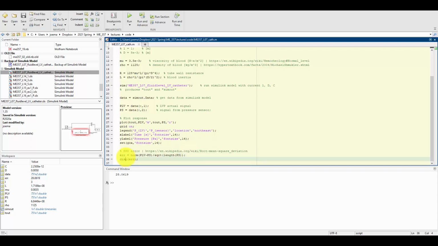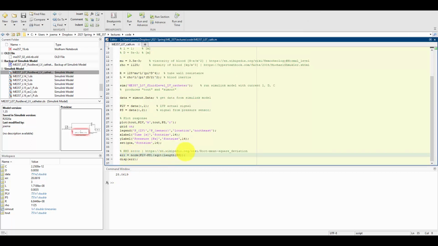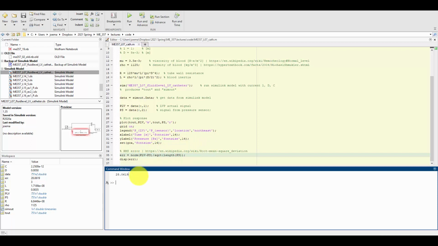So the bigger this number is, we can say in general that our sensed reading is more different than our actual left ventricular pressure. So doing that calculation, and I'll have a link for more description of this, we get that for the first design, the RMS error is 28.1 about.